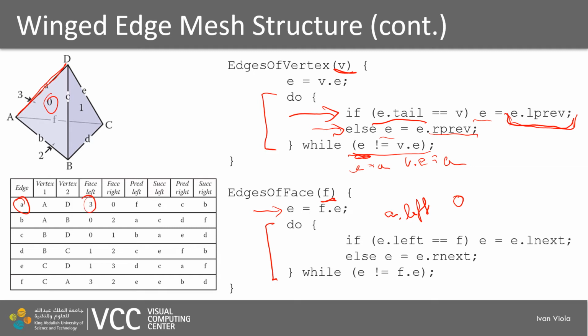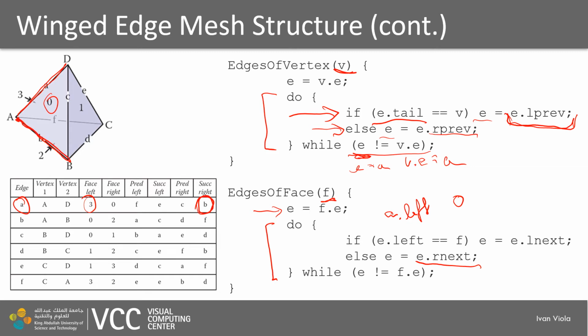Else is equal to E R next. So what is stored in the right successor? The right successor is B. So the next edge of our face 0 will be B. Correct.